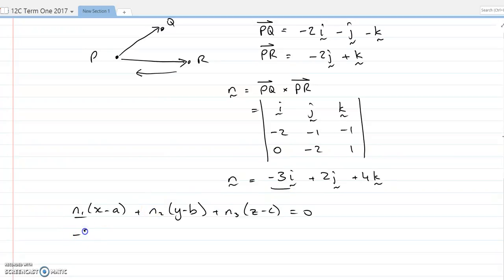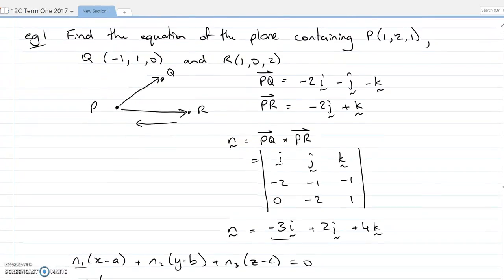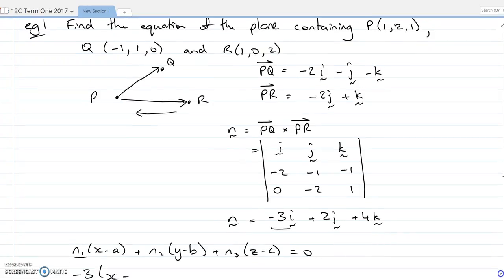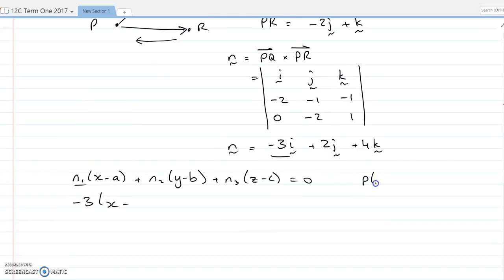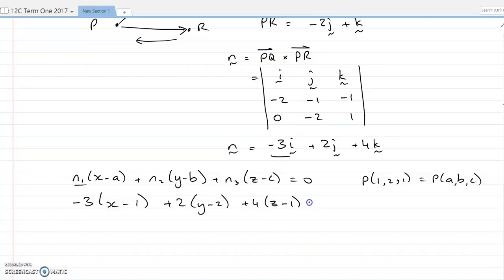So -3 times x minus, now the a, b, c is just one of the points on the plane, which could be any of those three that we started with. So I'll just go with P, which is (1, 2, 1). Okay, I'm going to use P (1, 2, 1) as my a, b, c. So x minus 1. n2 is 2. y minus 2. n3 is 4. z minus 1 equals 0.